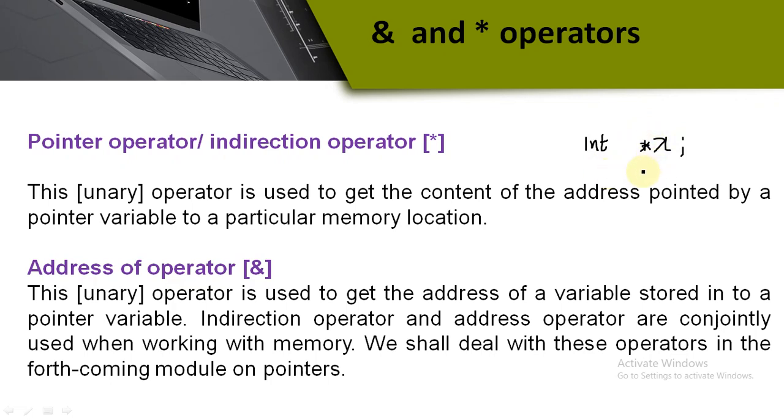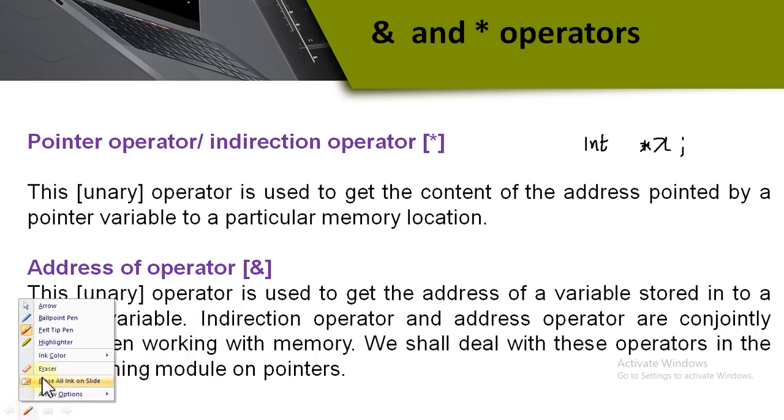Within a mathematical expression, it is the multiplication operator, and in declaration it is a pointer connoting operator, and within an expression inside a program, if it comes like this, separately, it is called the indirection operator, because it is always used along with a pointer variable. It indicates get me the content of the memory location named x. Therefore it is also called the indirection operator.